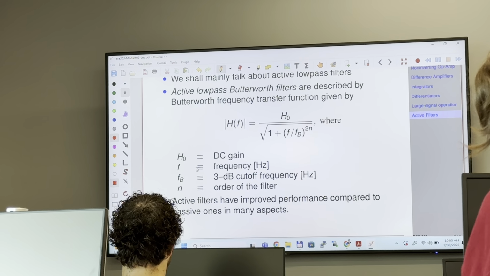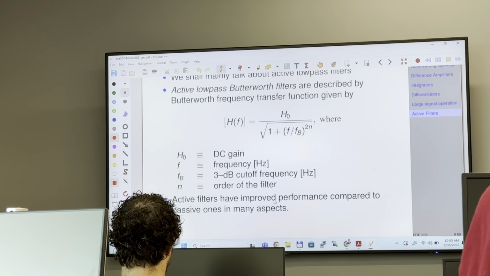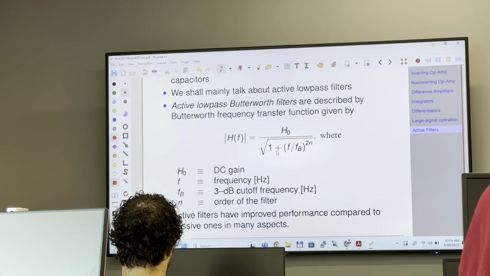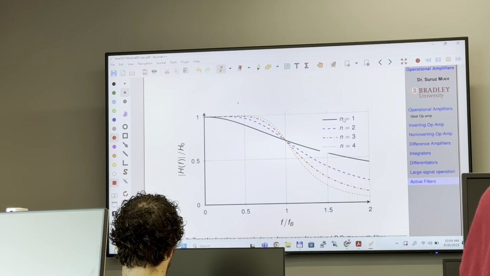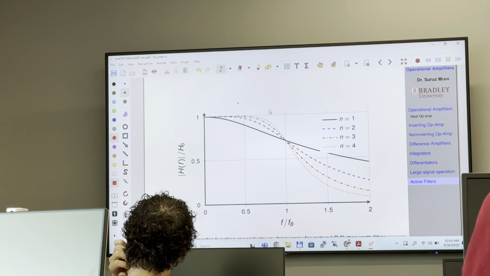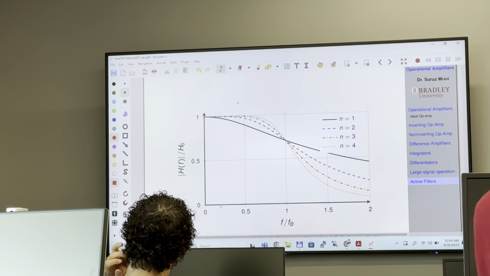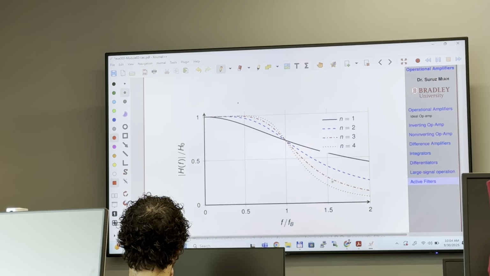H0 is the DC gain, f is the frequency, fc is the 3 dB corner frequency, and n is the order of the filter. I plotted this transfer function, this gain, as a function of frequency. As you increase n, you see this low pass filter passing the low frequency components and getting rid of high frequency components.